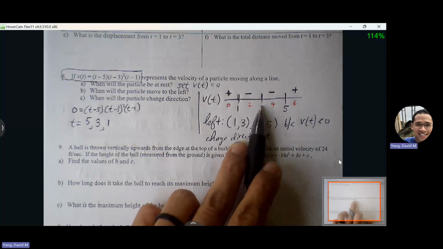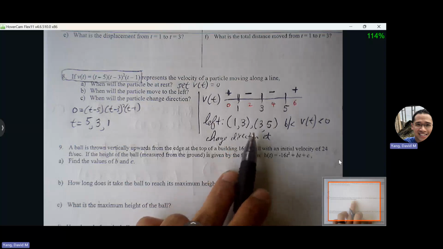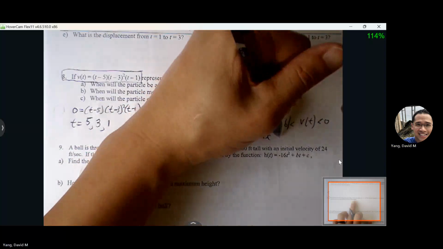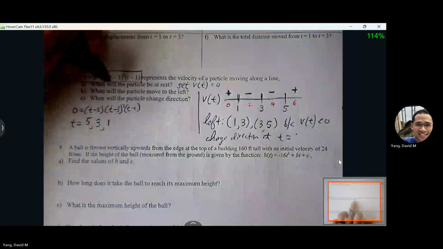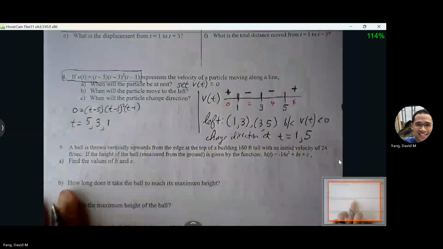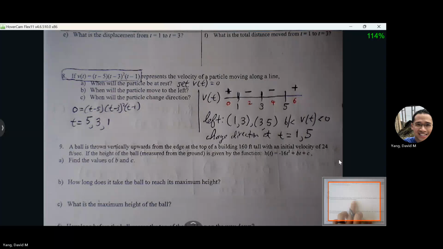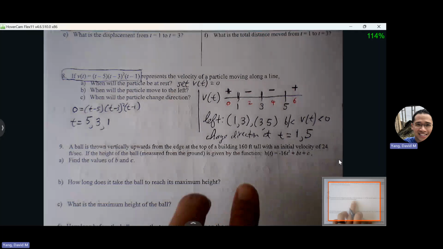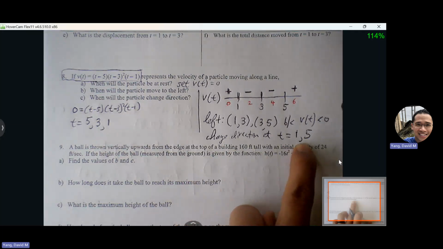Because at 3 it is neither moving left nor right, so we need to keep them separate. It changes direction at 1 and 5, since we reverse direction twice.